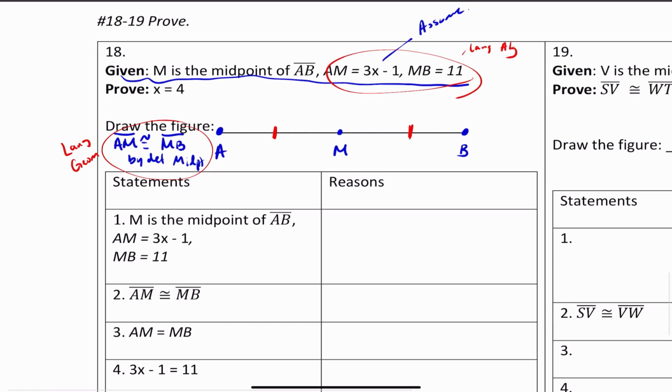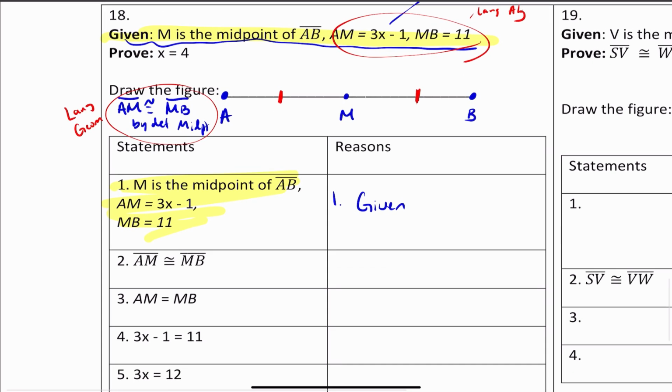So, statements and reasons. Number 1: M is the midpoint of segment AB, AM is 3x minus 1, and MB is equal to 11. That's the given, and this is basically free, because I know what that is and I can assume it. So number 1, given.